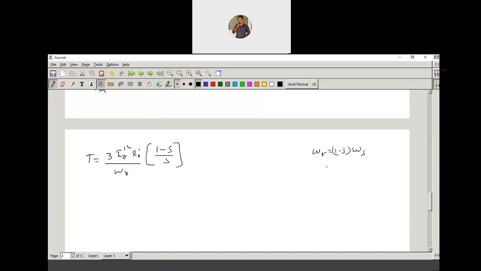That is, you can write omega r equals 1 minus s times omega s. So if you substitute these values here, you can write down the torque expression. T equals 3 times IR dash square into RR dash by the synchronous speed omega s times slip s.